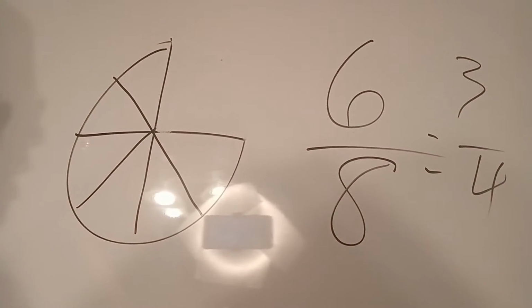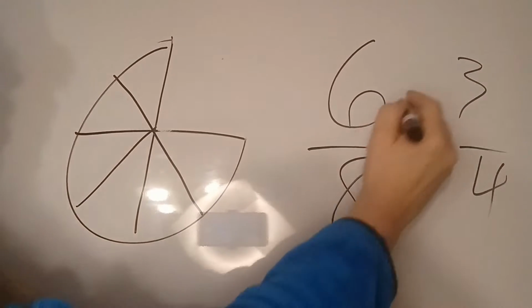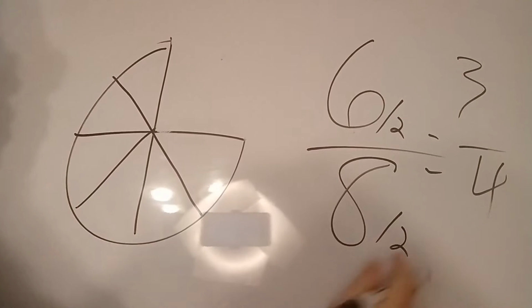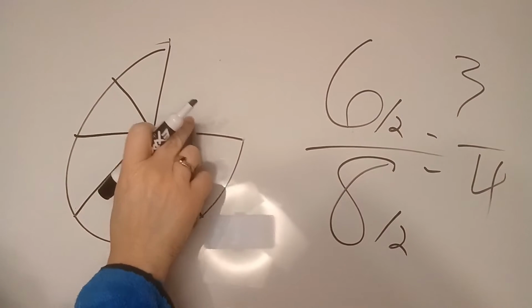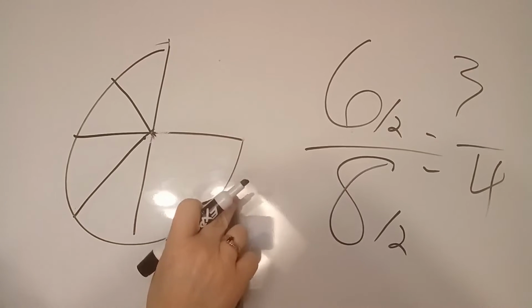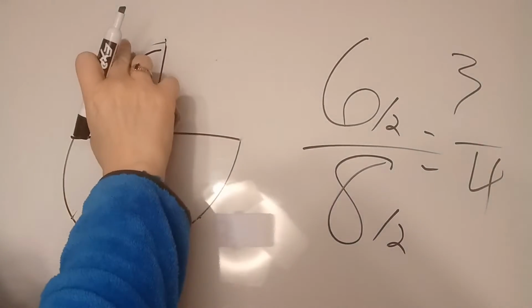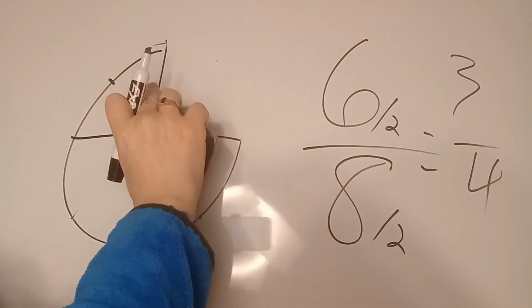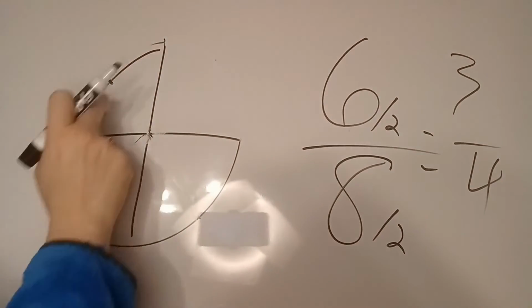What exactly is going on there? Well, when we divide each one by 2, we are getting rid of the cut lines. That means we're combining 2 pieces. So 6/8 is the same as 3/4.